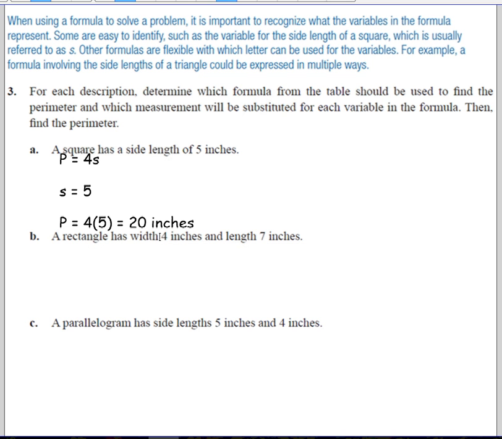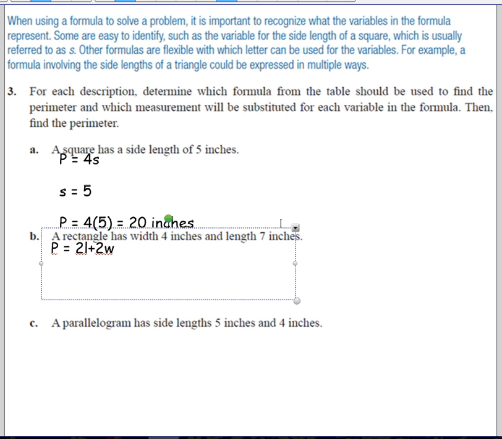A rectangle has a width of 4 inches and a length of 7 inches. Since they tell us that it's a rectangle, the perimeter would equal 2 times the length plus 2 times the width.